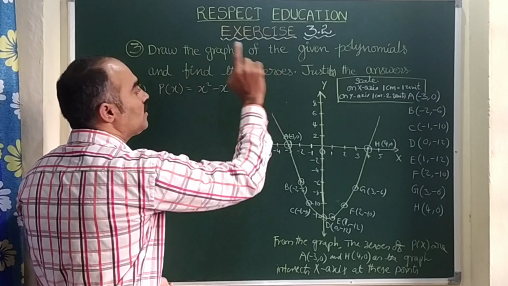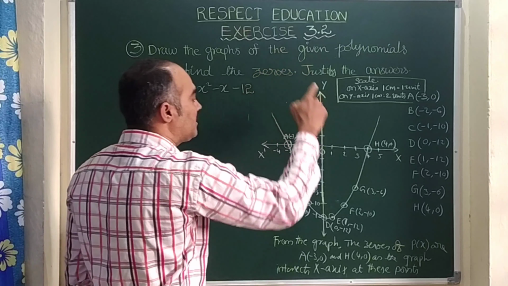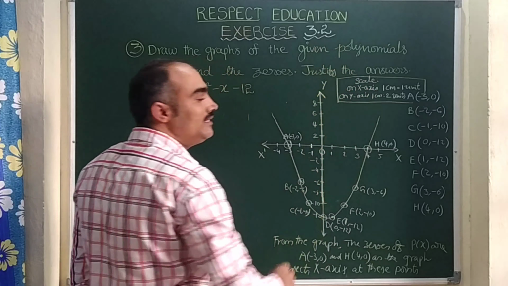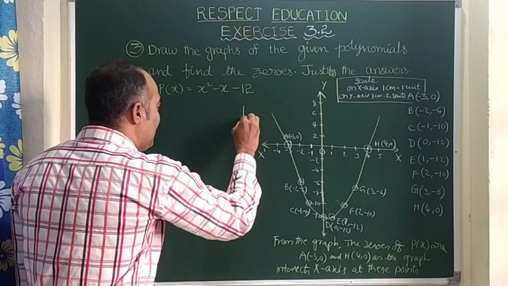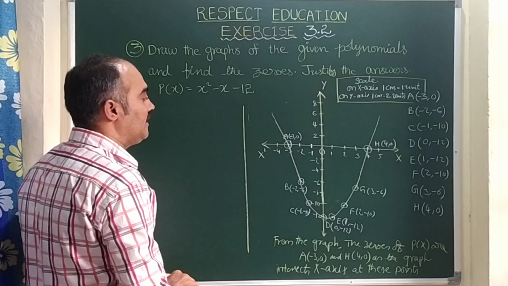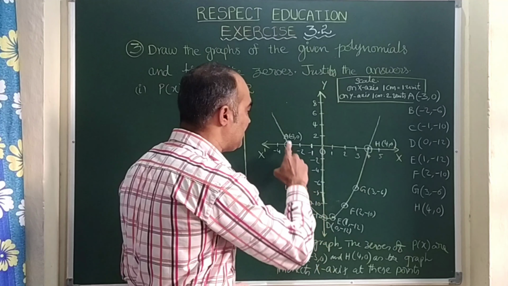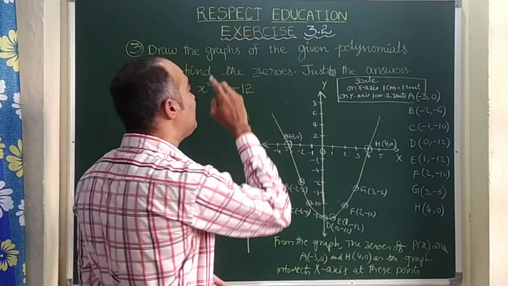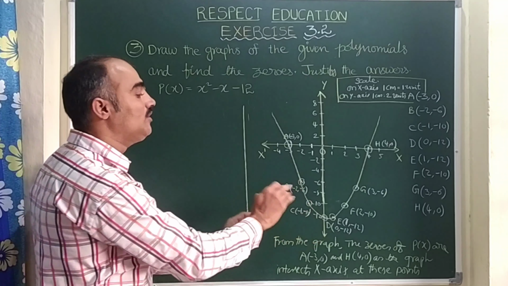Our second work is also over. First work is drawing the graph, second work is finding the zeros. Now we need to do justification. Means here we need to check whether these points, (-3, 0) and (4, 0), satisfy the given polynomial or not? Are they zeros or not?